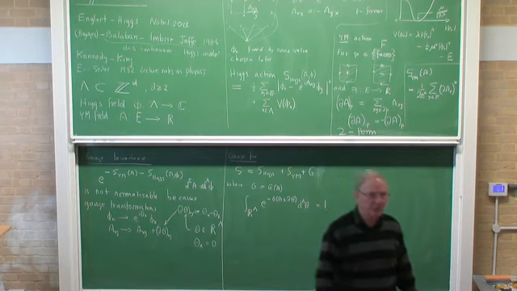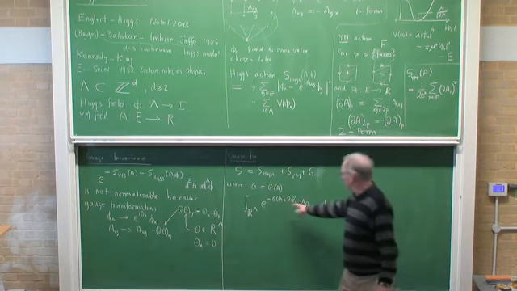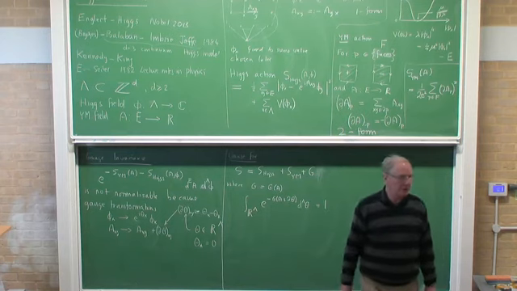I want it to be independent. So this is a special kind of function with the property that when you do this integral, you don't get any dependence on a.